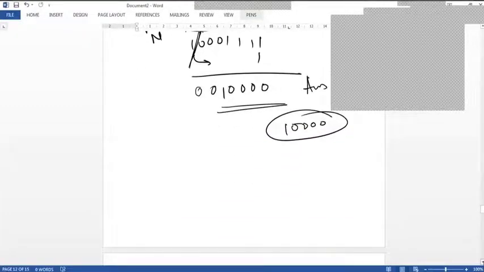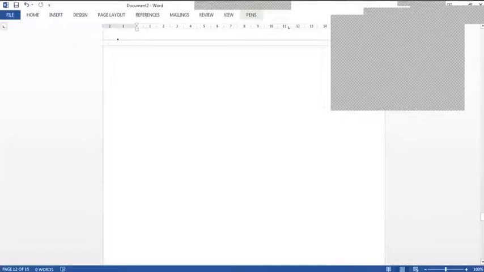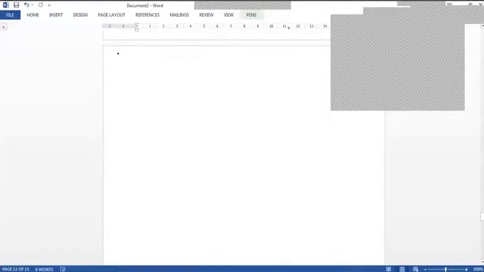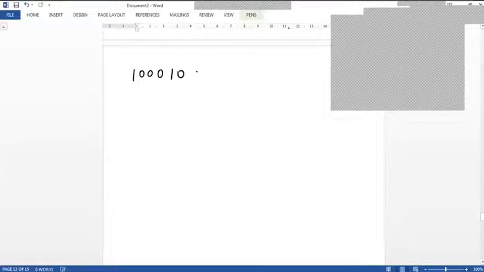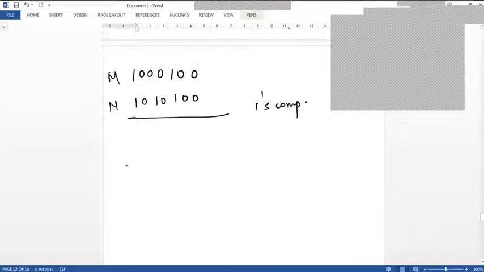Okay, fine. One last example. The rest of the examples I will give you to solve, okay? This is my m, this is my n. Carry out the subtraction using one's complement. Quickly, one's complement of n is 0 1 0 1 0 1 1, okay? We will add this to m.